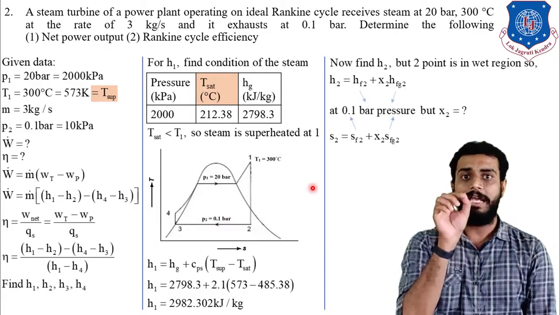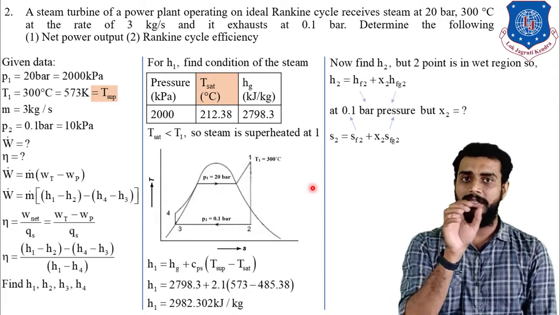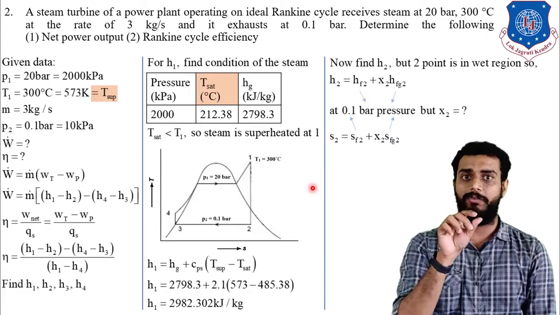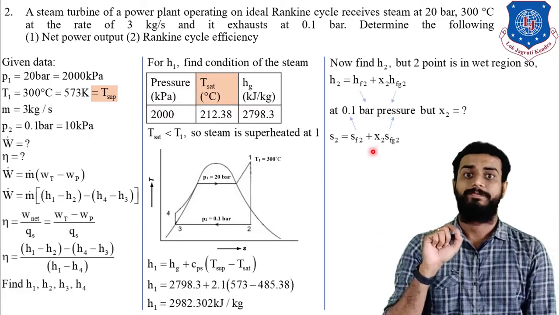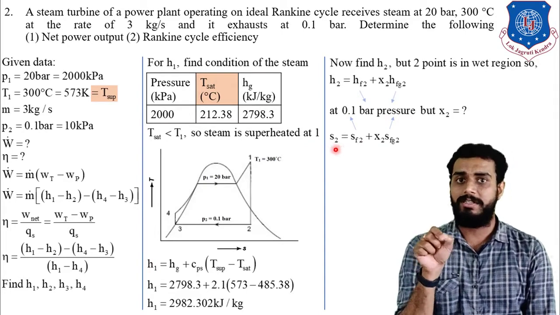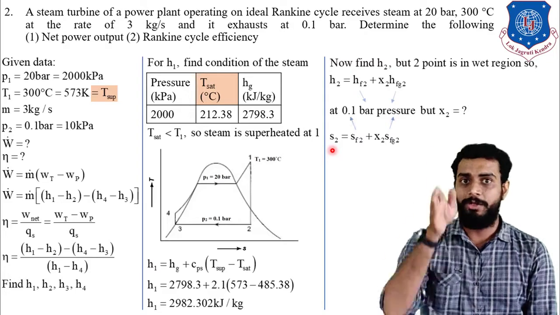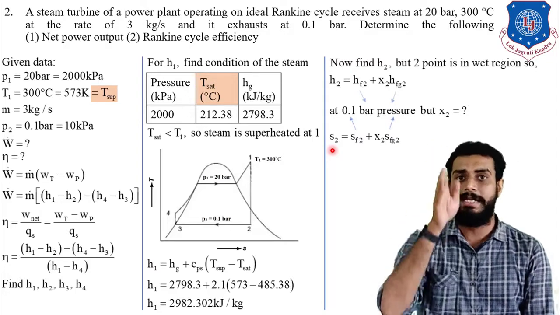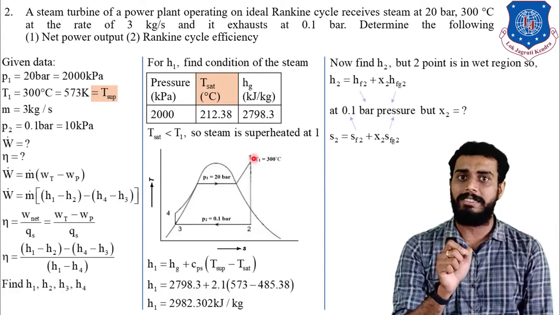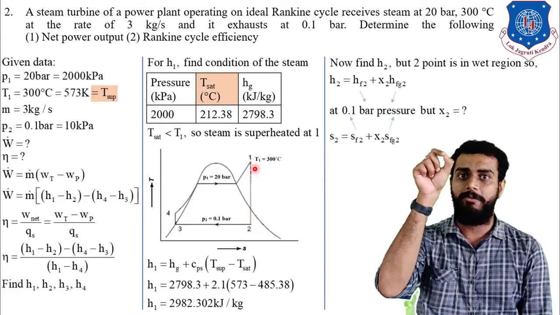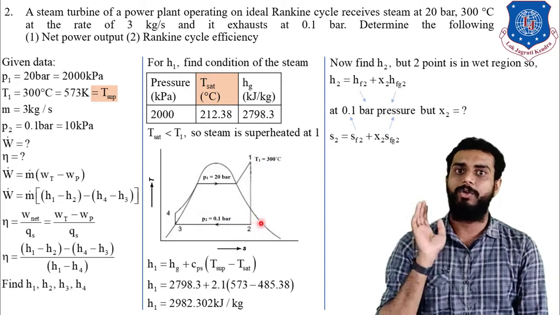Now still our aim is to find X2. But if in this equation we want to find X2, then we should also know the value of S2, right? So first I have to find S2. Now you can appreciate over here, process 1 to 2 is drawn as a straight vertical line. And what is the significance of a straight vertical line? The significance is that the entropy of point number 1 and point number 2 will be the same. That is, S1 is equal to S2.